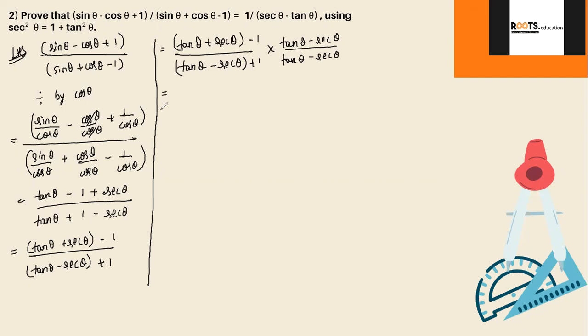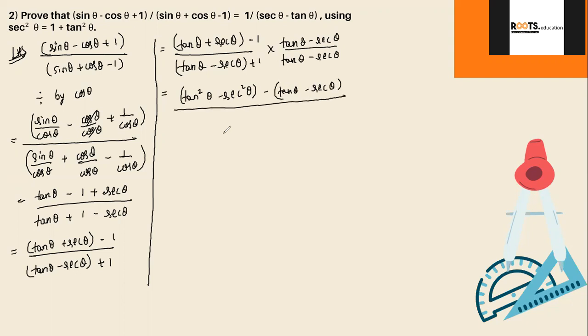In the numerator, you multiply tan theta plus secant theta into tan theta minus secant theta. This is of the form a plus b into a minus b, that is equal to a square minus b square. So it is of the form tan square theta minus secant square theta, minus 1 into tan theta minus secant theta.